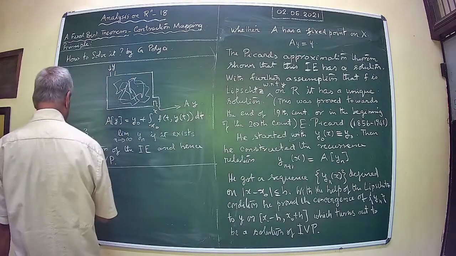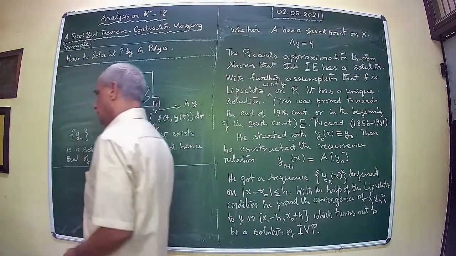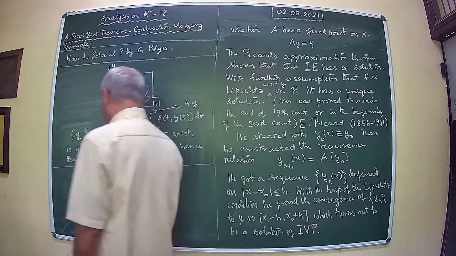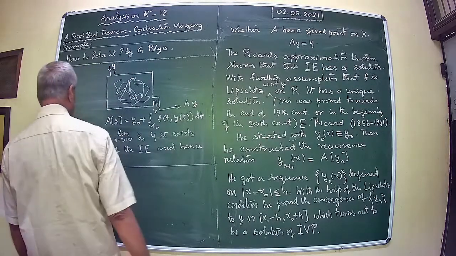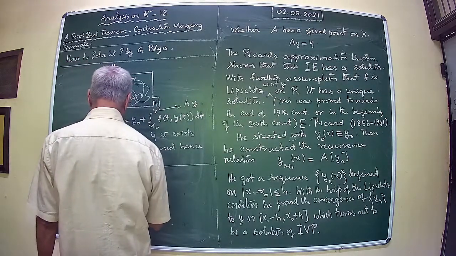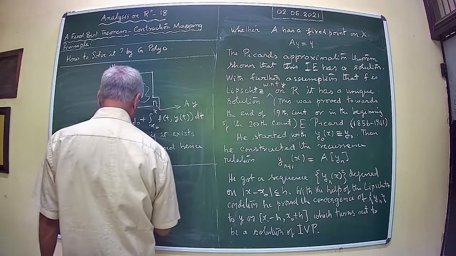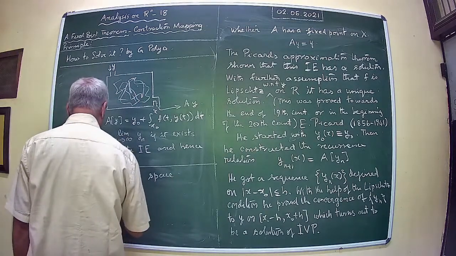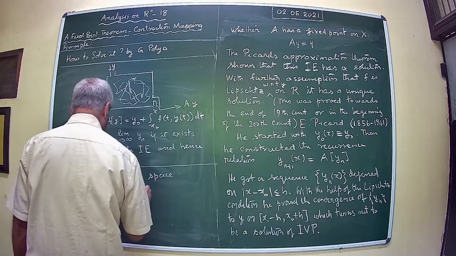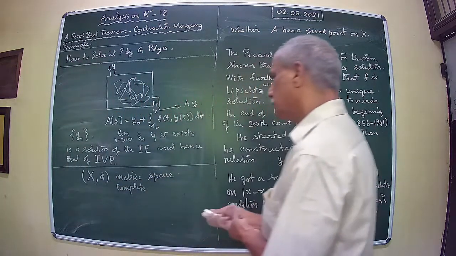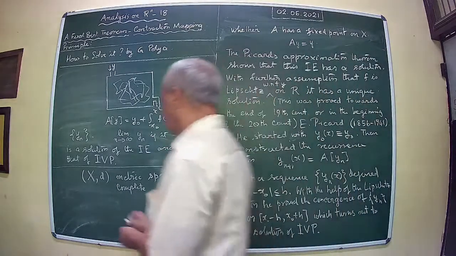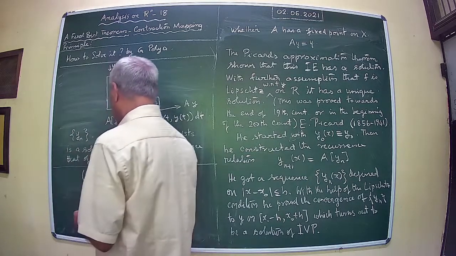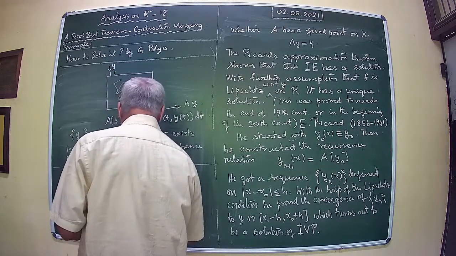You have a metric space, and in both the cases you have a complete metric space (X, d) that is complete, and on that A is a map from X to X, which we assume is a contraction.